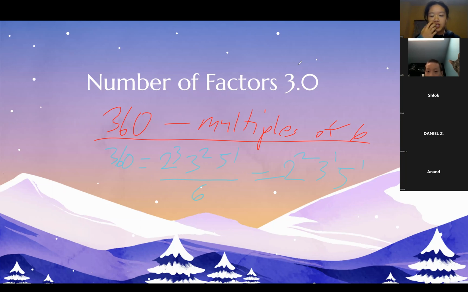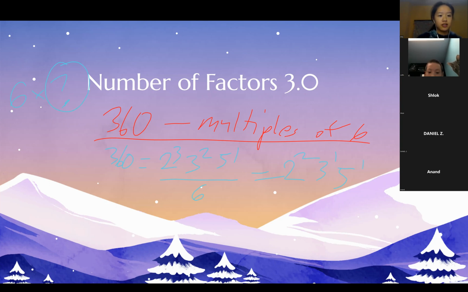The reason we're doing this is because a multiple of 6 is going to be in the form 6 times something. It doesn't matter what this something is, as long as it's an integer.